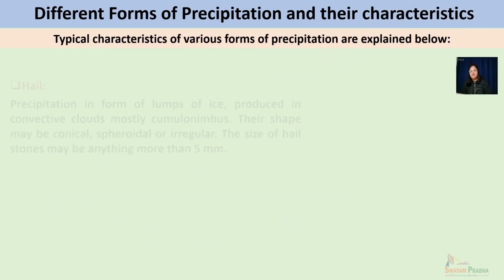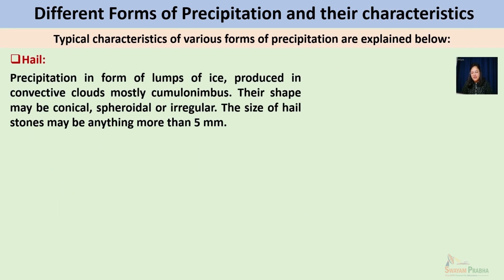Besides snow, we have hail. Hail is also precipitation in the form of lumps of ice, okay, small balls or globules, and sometimes irregular lumps, which are produced primarily in convective clouds, mostly cumulonimbus clouds.